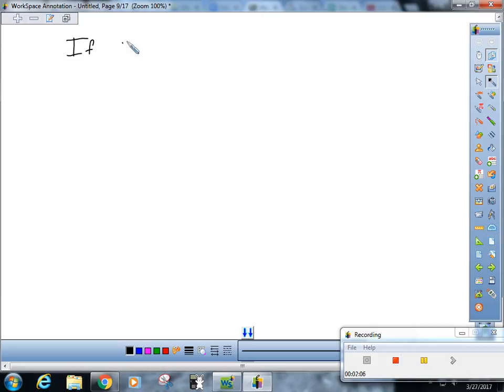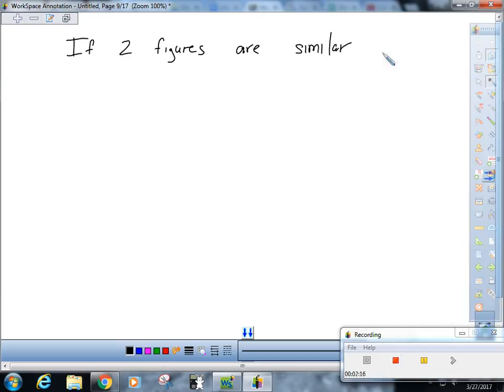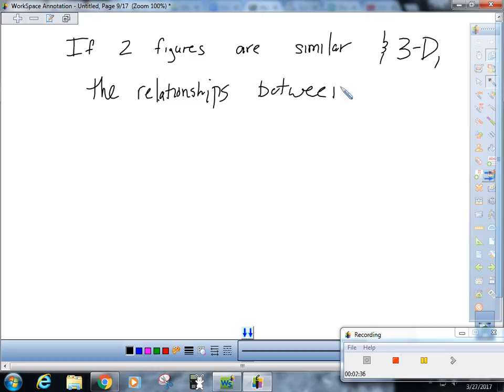If two figures are similar, and three-dimensional, the relationships between scale are as follows.